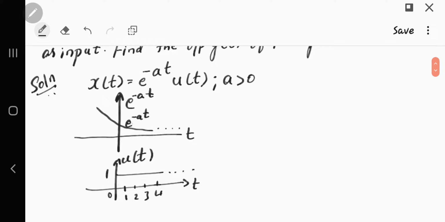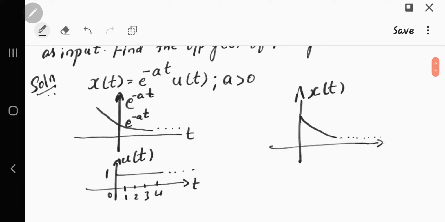Now if this signal gets multiplied with u of t, you can see u of t is present only for values of t greater than or equal to 0. So if these two signals get multiplied, we get an exponential signal which starts from 0 and starts decaying with respect to time t.